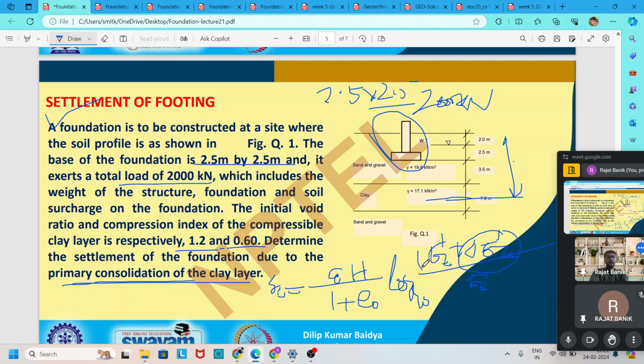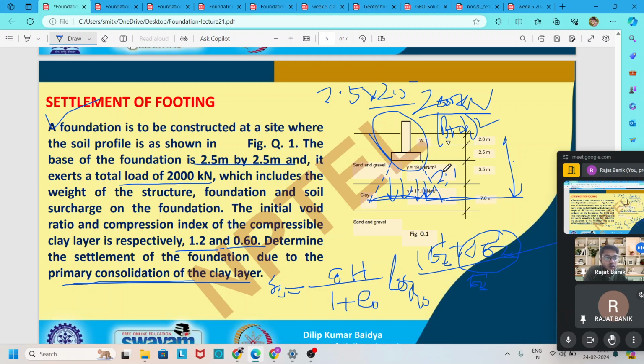For the increase of pressure, we use the 2 is to 1 load dispersion formula at the middle of the clay layer. We consider that the load disperses in the 2 is to 1 ratio, and the 2000 kilonewton acts at the middle of this layer. To find this stress or pressure, we divide the 2000 kilonewton by the effective area at this layer. It becomes B plus D whole square, because it is a square footing.